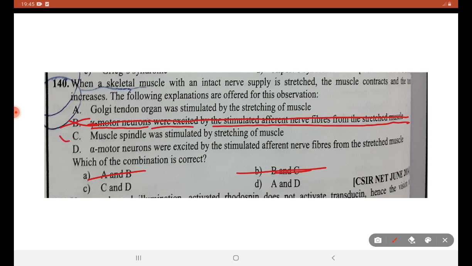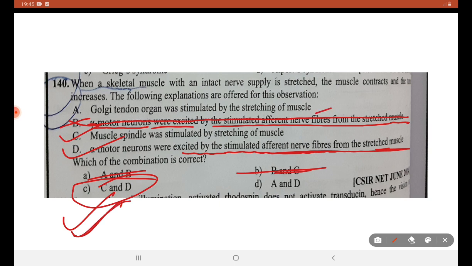This is a correct statement. Alpha motor neuron was excited by stimulation of afferent nerve fibers from stretching. This is also a correct statement. So C is the right option. Even though A is not right, it has a role in stretching.